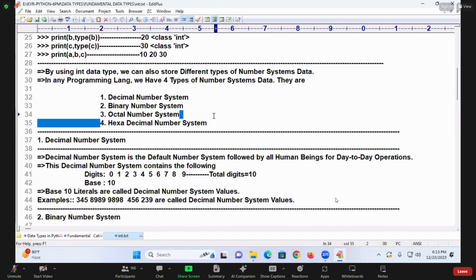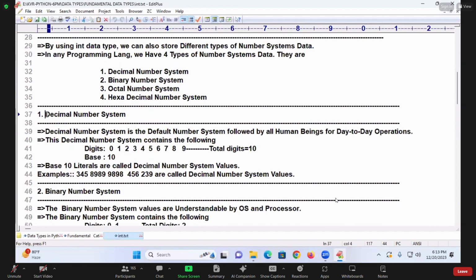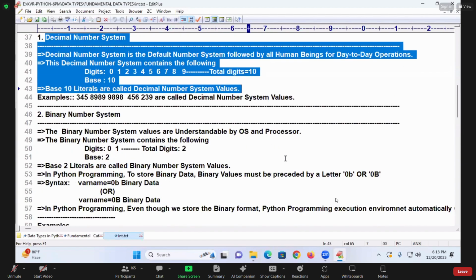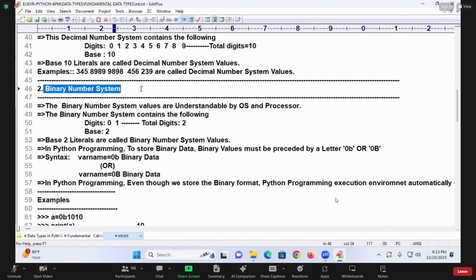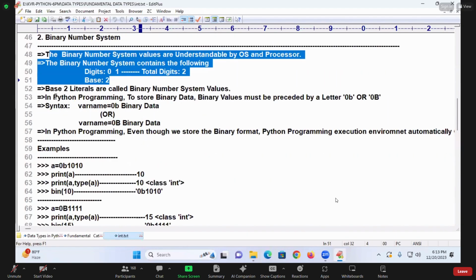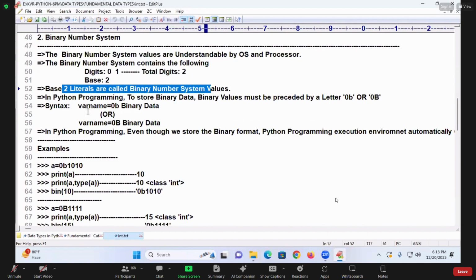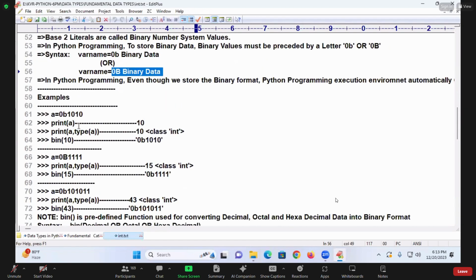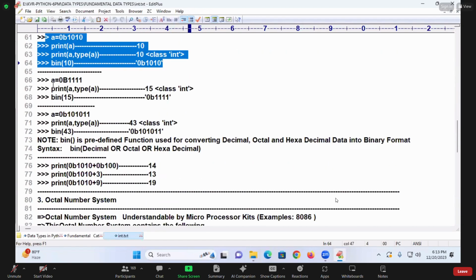I explained the binary number system very clearly. What is the base? Base 2. And base 2 literals: how to write them in Python. 0b data is called binary data, and a capital 0B can also be used. I did some examples too.